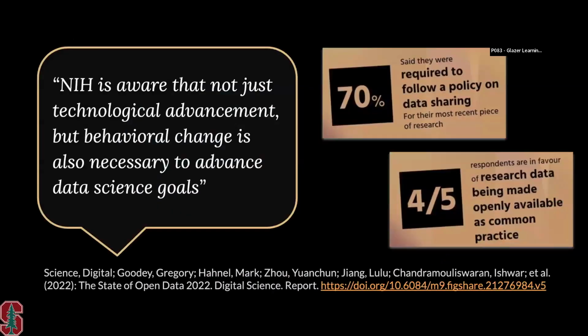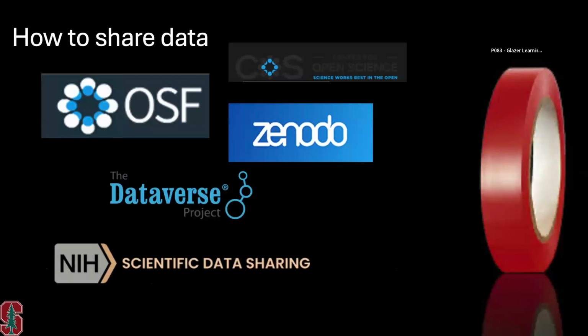And this is gaining some traction. I'm not sure how current this is anymore with what's been going on, but there is pressure coming from funding agencies to make data more available. Okay, so how do you share data then? Well, there are simply so many repositories where you can do this.